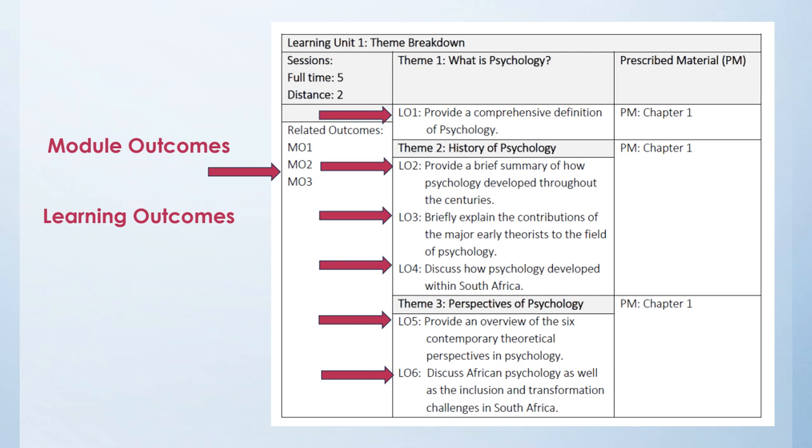When it comes to learning outcome 3, it says briefly explain the contribution, so it's telling you it's more of a high-level overview. Provide an overview of the 6 contemporary theoretical perspectives. So use these learning outcomes to guide you at the end of the learning unit, and make sure you have enough information at your disposal to meet them.